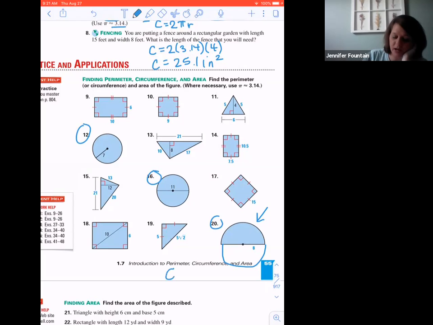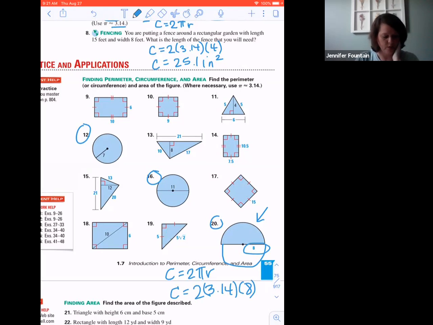So what I'm going to do is start out by finding the whole circumference. Okay, and we said that we know that C is equal to 2 pi r. They've told me that my radius is 8. So I'm going to have 2 times 3.14 times 8.